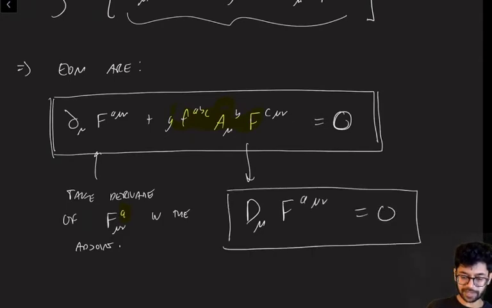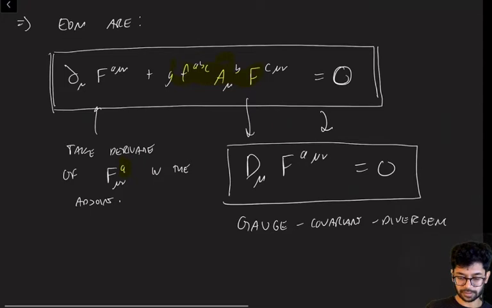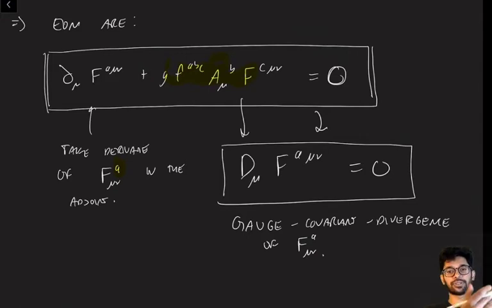So that is, in fact, exactly what this equation is. It is the gauge covariant divergence of F. If you think about it, this is the natural generalization of the abelian equation of motion, which was just ∂_μ F^μν equals 0.